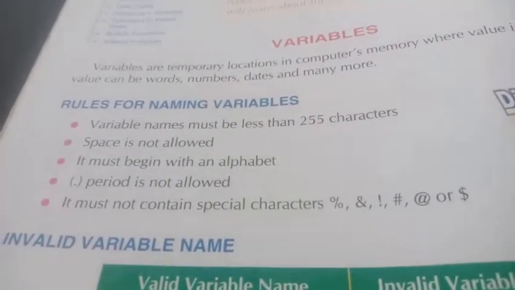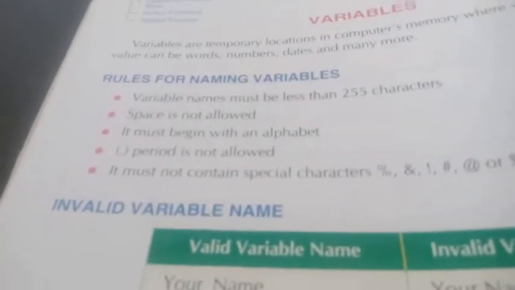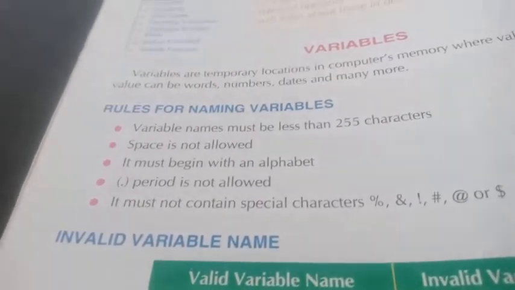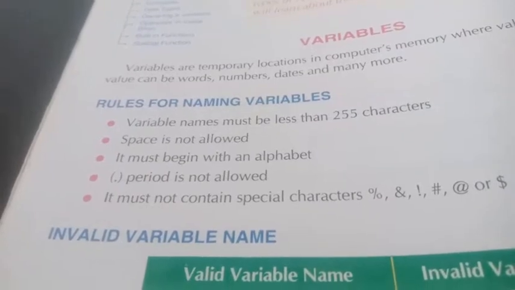The dot operator is not allowed, and it must not contain special characters like ampersand, percentage, not equal to, hash. These are the special types of characters. It must not contain special characters.